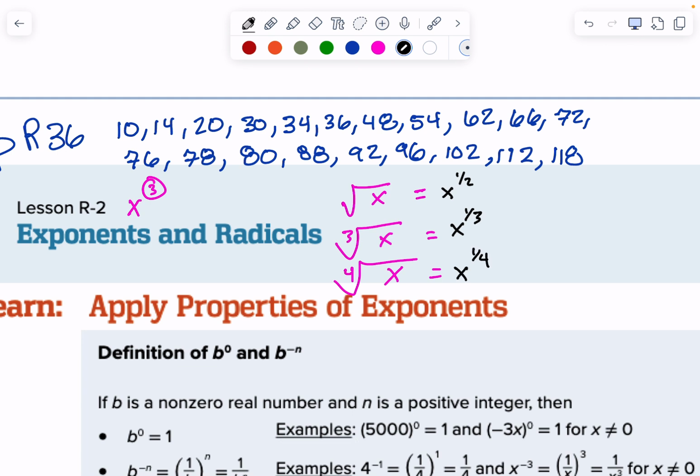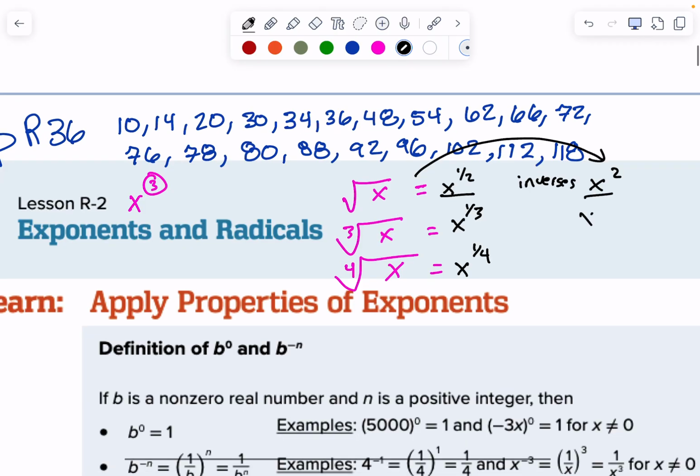So radicals and exponents are inverses of each other because the 1/2 power and x squared are going to cancel each other off. X cubed and the cubic root, or the 1/3 power, cancel each other off. X to the 4th and the 1/4 power, or the 4th root of x, cancel each other off. Radicals and exponents undo one another.